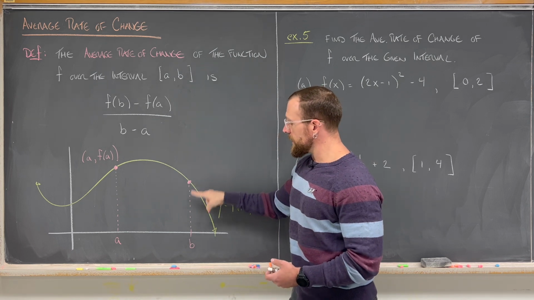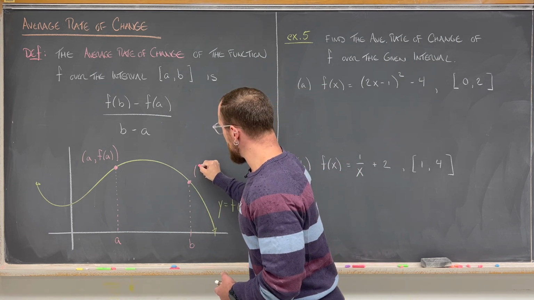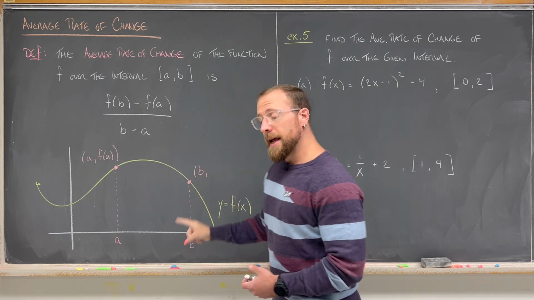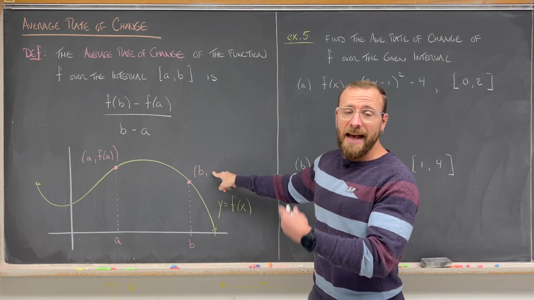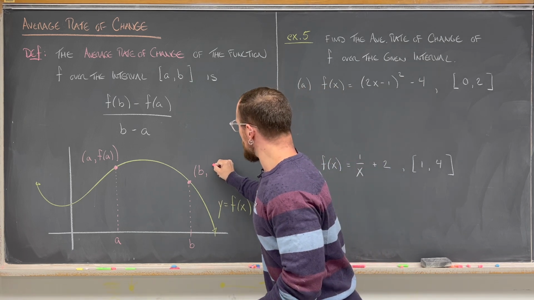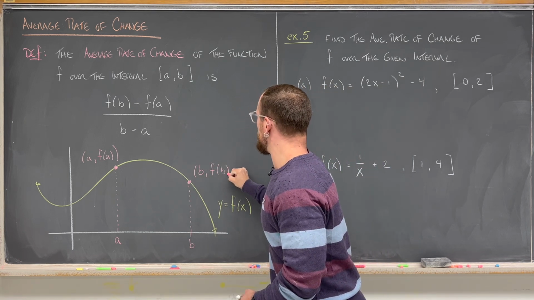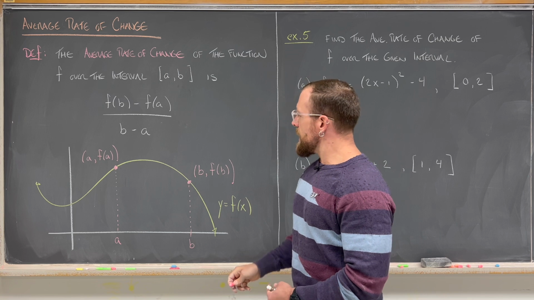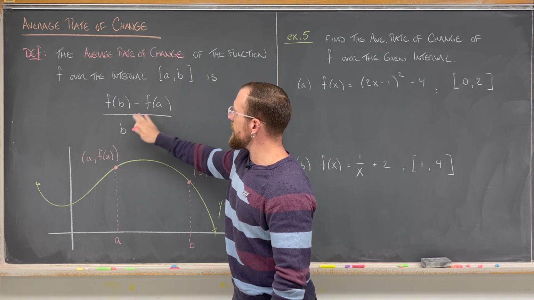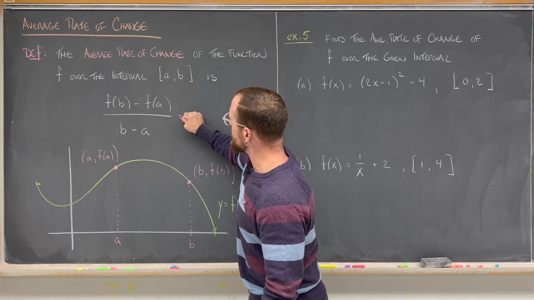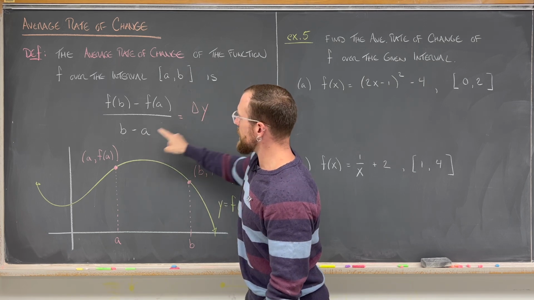This point over here, it's very clear to me that its x-coordinate is b. And again, since it's on the graph y equals f of x, its y-coordinate is f of its x-coordinate. So its y-coordinate is f of b. Okay? And what am I doing when I calculate this f of b minus f of a over b minus a? Well, that is the change in these y-coordinates, right?